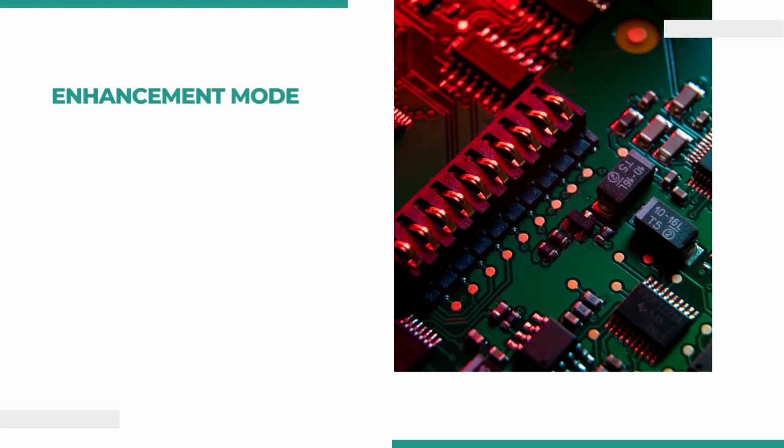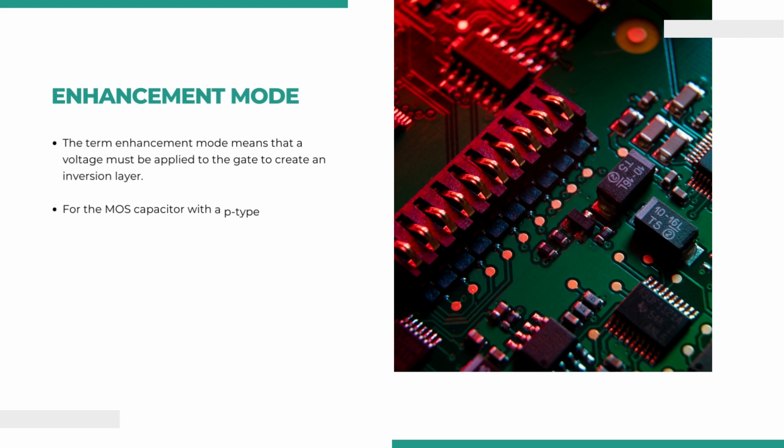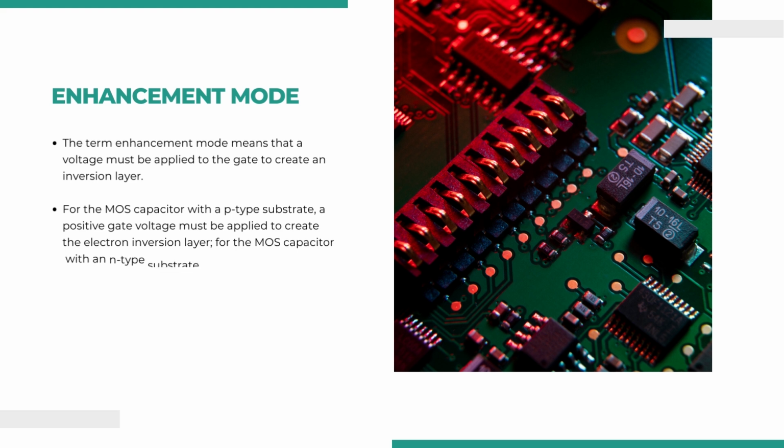formed here. So, the term enhancement mode means that a voltage must be applied to the gate to create an inversion layer. For the MOS capacitor with p-type substrate, a positive gate voltage must be applied to create the electron inversion layer.